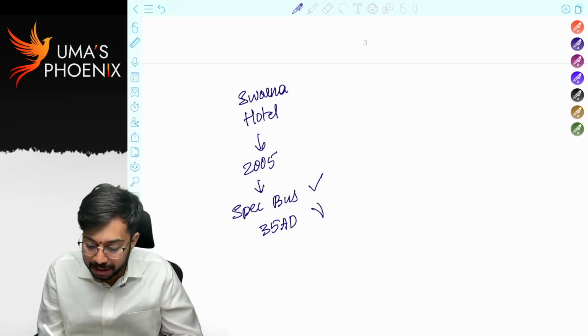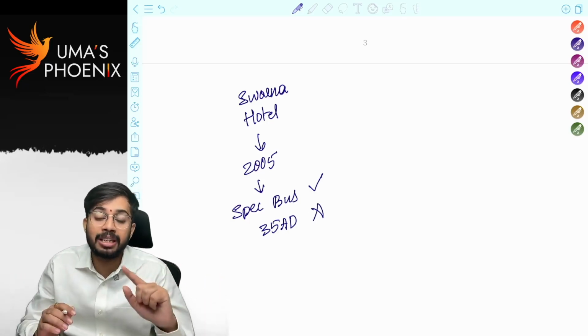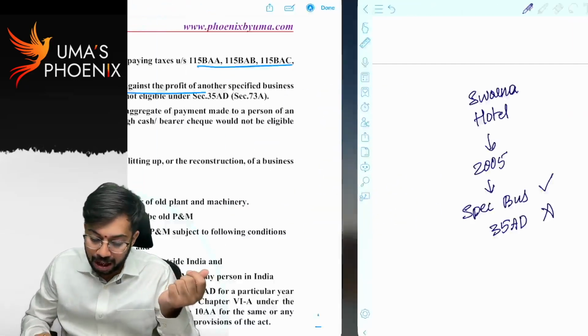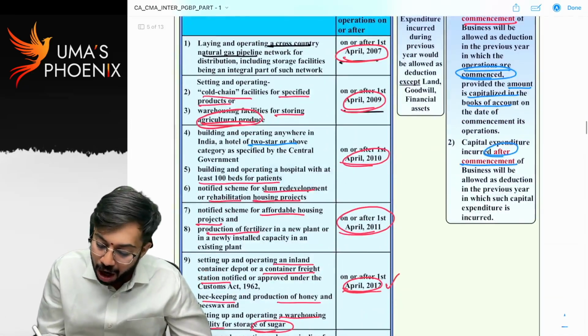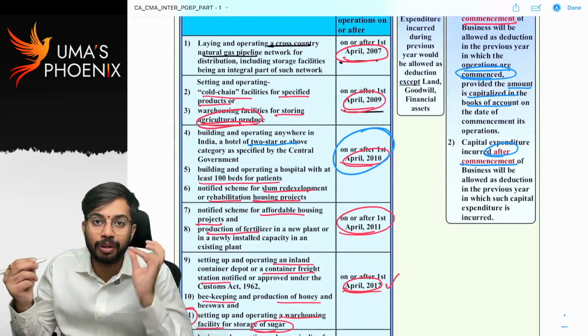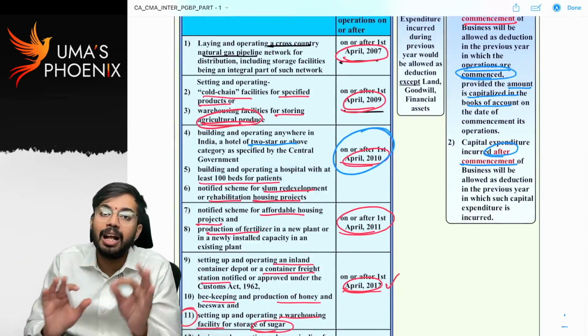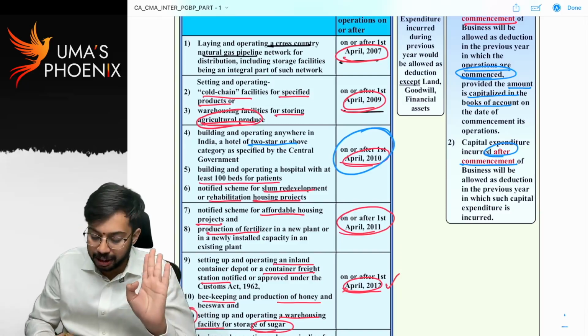It is a specified business, but 35 AD deduction is not available. Why? Because it was started before 1st April 2010. What I said, hotel of 2-star or above category on or after 1st April 2010. So after 1st April 2010 only, if a new hotel is started, 35 AD deduction is available. If it was started before, 35 AD deduction is not available.